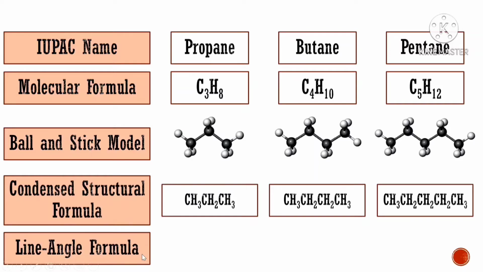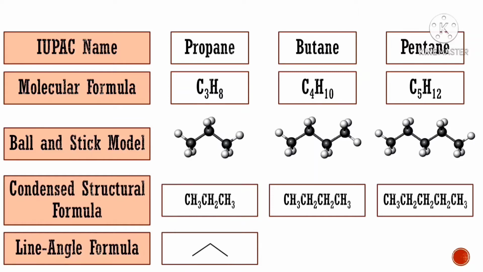In a line angle formula, a line represents a carbon-to-carbon bond and a vertex represents a carbon atom. So this is the carbon-to-carbon bond, and the vertex represents a carbon atom. A line ending in space, such as this one and this one, represents a CH3 group.